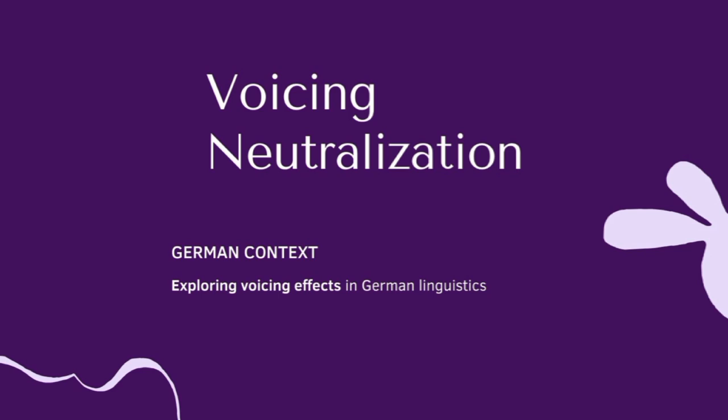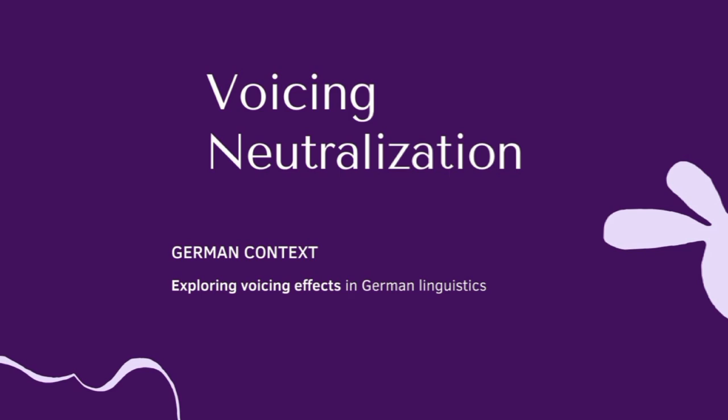For example, in German, the words Rat, meaning advice, and Rad, meaning wheel, are both pronounced with a T at the end. Even though one is written with D and the other with T, this is because at the end of words, the difference between voiced and voiceless consonants is lost.